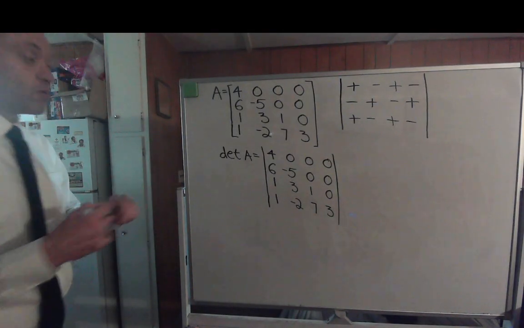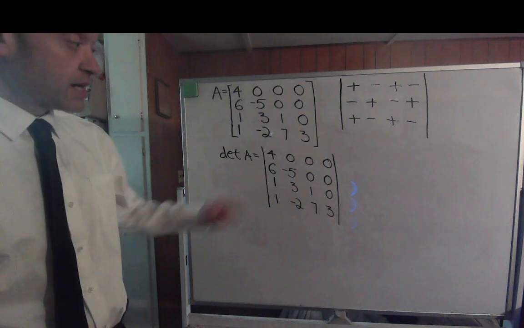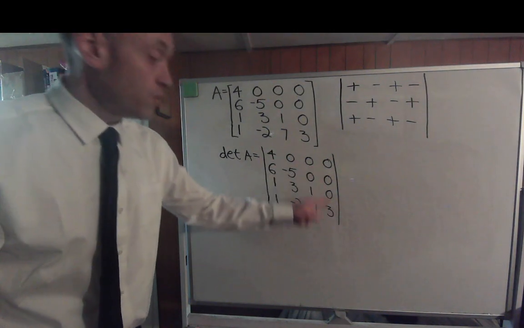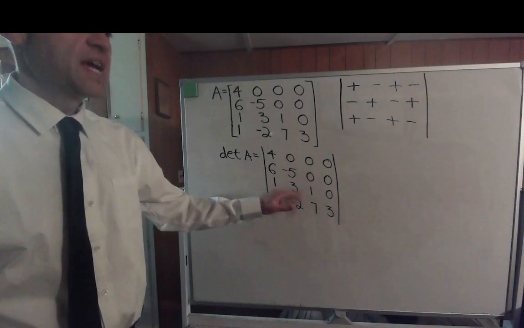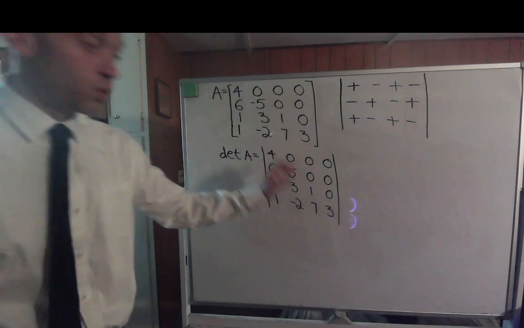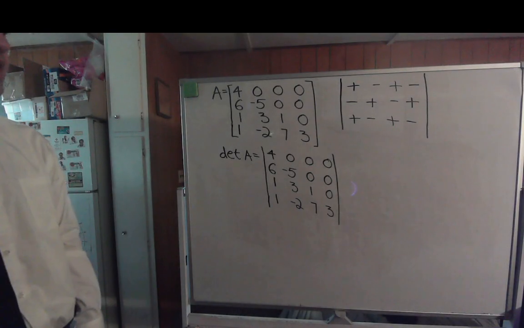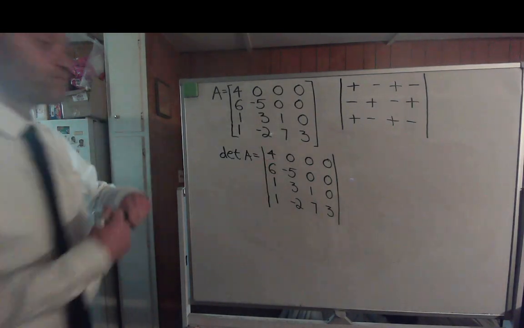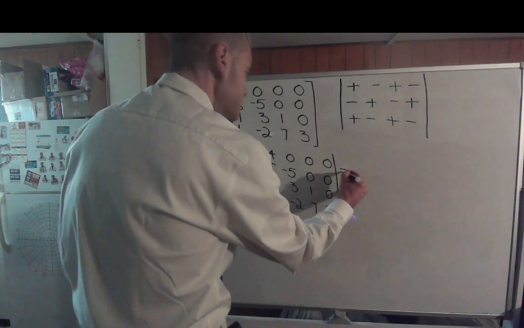All right, well, you notice if you either pick row 1 or column 4, both of those have 3 zeros and just one single non-zero entry. I'm going to pick row 1. We're going to make life a little bit easier.